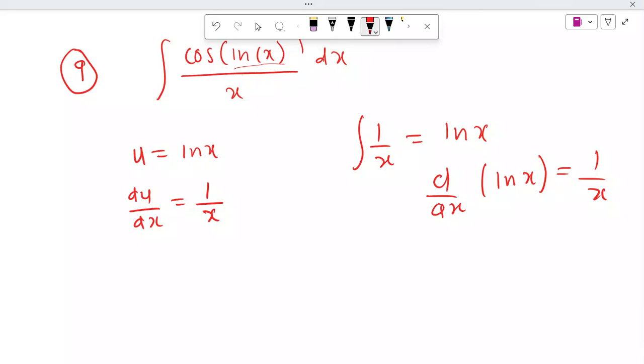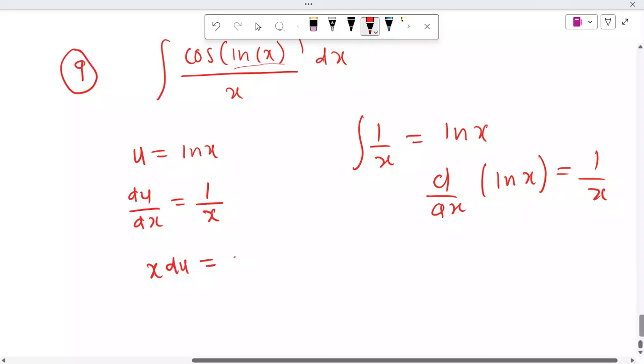Next, we make dx the subject of the formula. So we cross multiply: this multiplied by x, this multiplied by that one. So x du is equal to dx. We're making dx the subject of the formula, so dx is equal to x du.